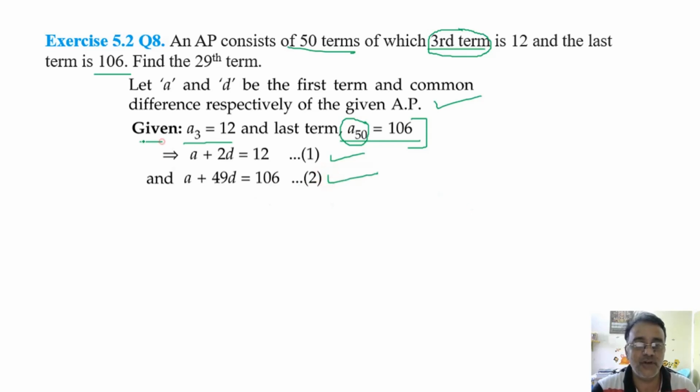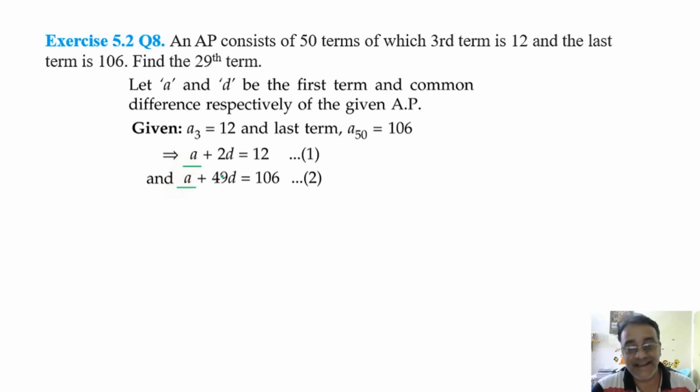Now we have to solve these 2 equations. Are any coefficients the same? Coefficient of A is the same, and the sign is also the same. So what do we have to do, addition or subtraction? Subtraction, very good. If we do the subtraction, all signs will be changed, and the A will be cancelled, and we are getting minus 47D is equal to minus 94.